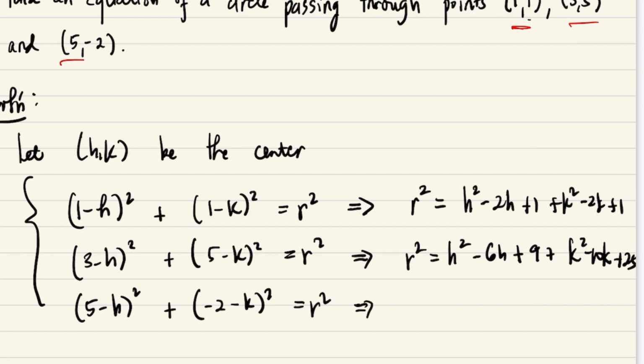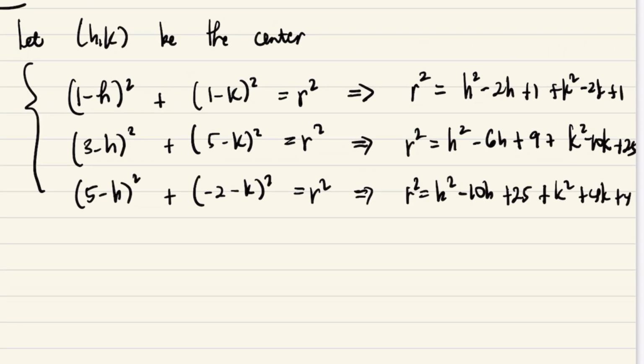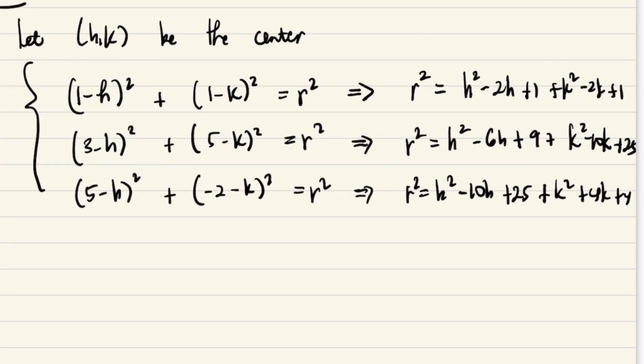And then I would have r squared equals h squared minus 10h plus 25 plus k squared plus 4k plus 4.